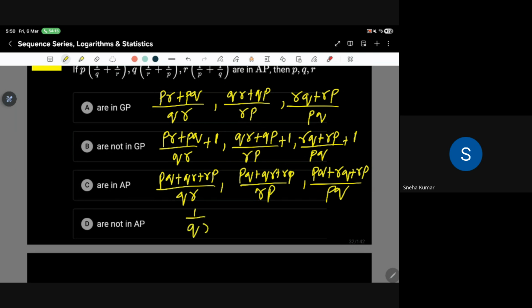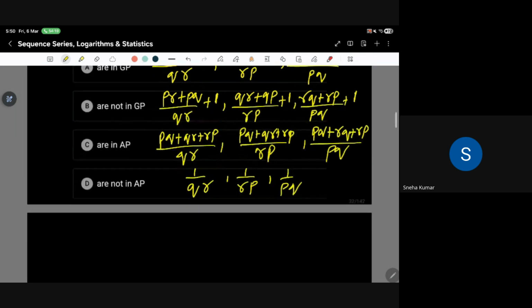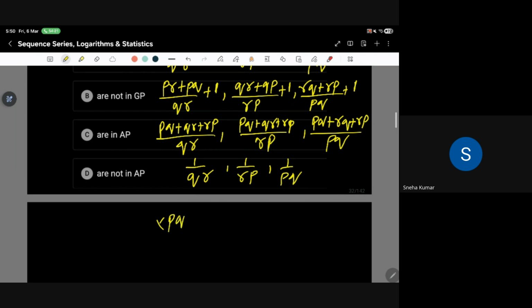So the terms become 1 upon QR, 1 upon RP, 1 upon PQ. Multiply every term with PQR. So this will become P, Q, R. So they are in AP. Yes, any doubt in this, anyone?